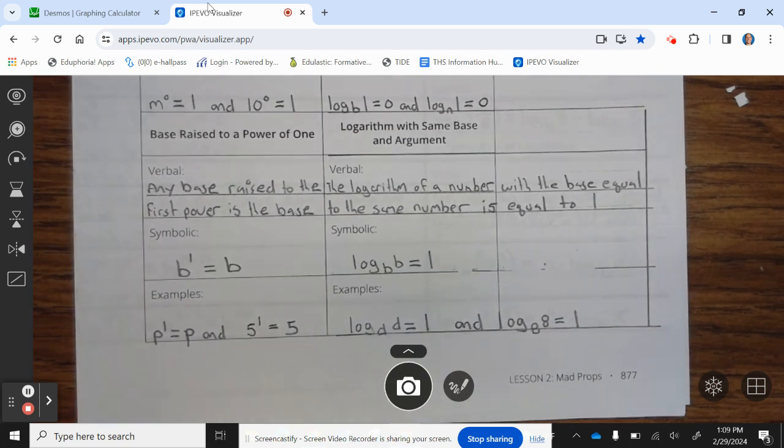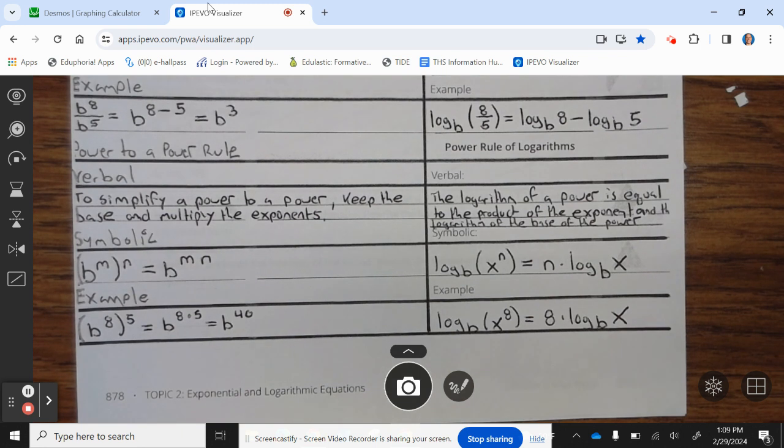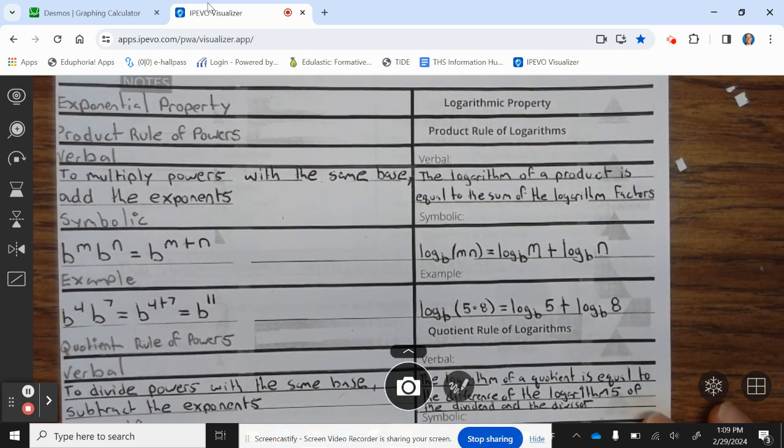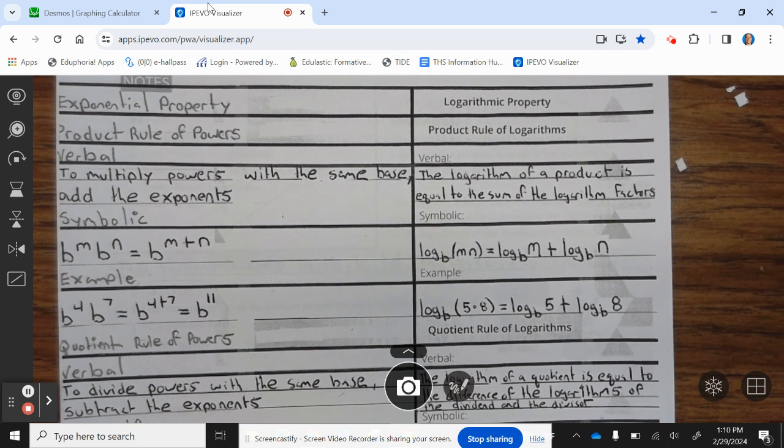All right, let's take a look at the next page. All right, go ahead and complete the exponential property and logarithmic property portion of the table.